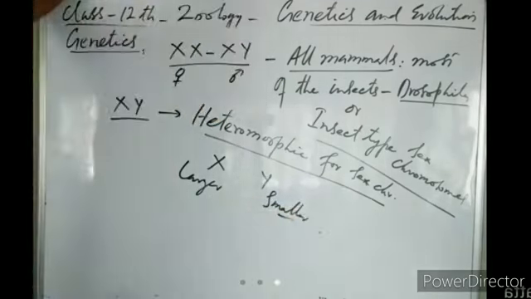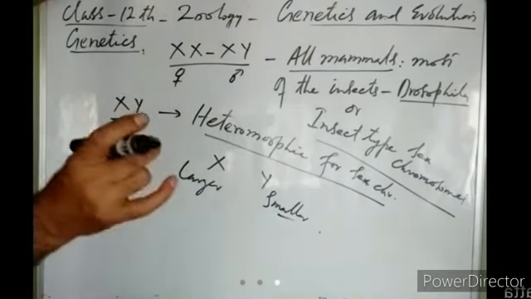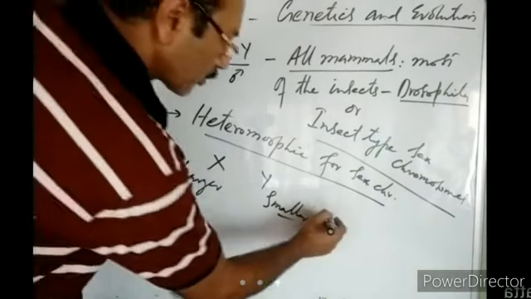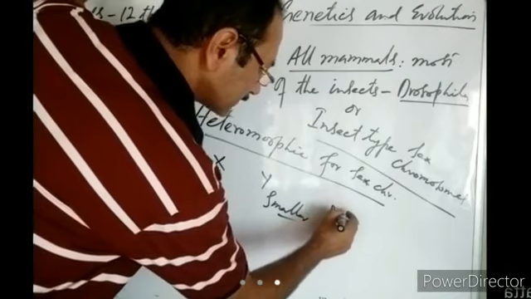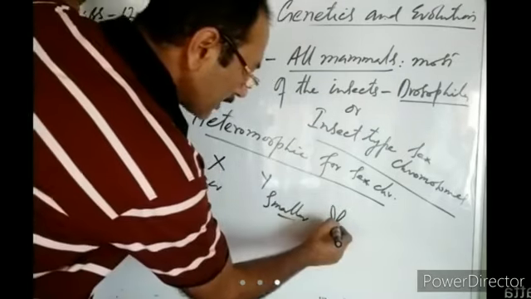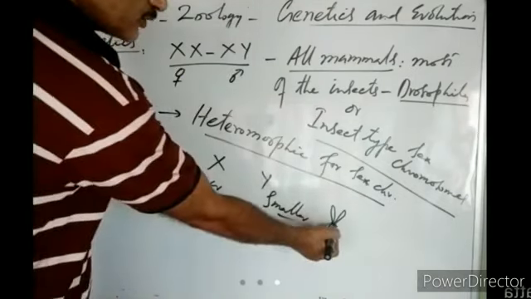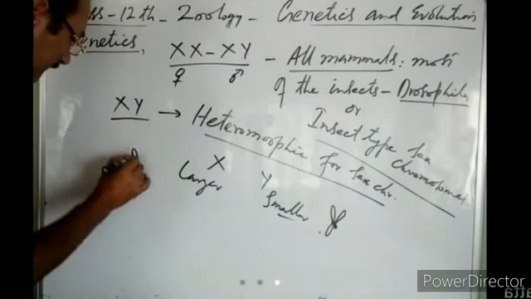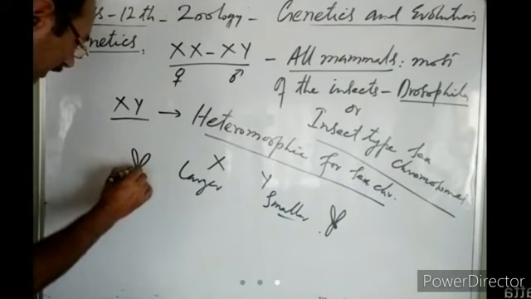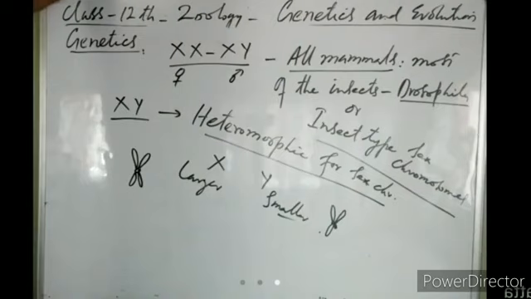One of the arms of the Y chromosome is extremely small. A chromosome has two chromatids, and this chromatid has a very small arm, so it assumes the shape of Y. That is why it has been named Y chromosome, right? X chromosome is like this: one chromatid, another chromatid, so it assumes the shape of X. That is why it is known as X chromosome.